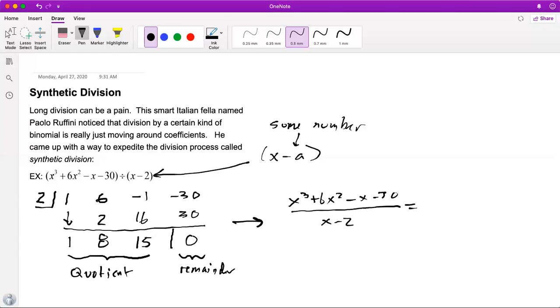The same way we looked at the coefficient here was 1 and we wrote a 1, we're going to do the opposite with these. It's a little trickier here because you need to make sure that you're putting the right x next to it, and it might not be clear at first which one that is. So I recommend, until you know what you're doing, you start from the right and go left. The last number here, -30, is the constant term, so the last number in my quotient is the constant term, like plus 15, since that has no x's.